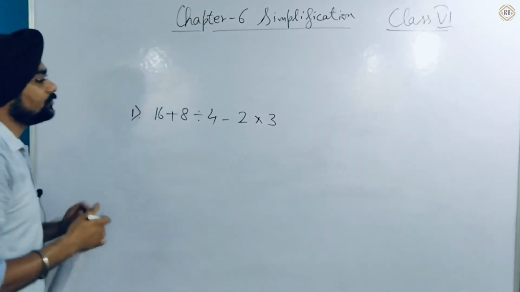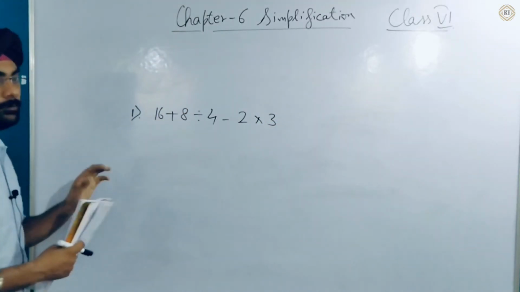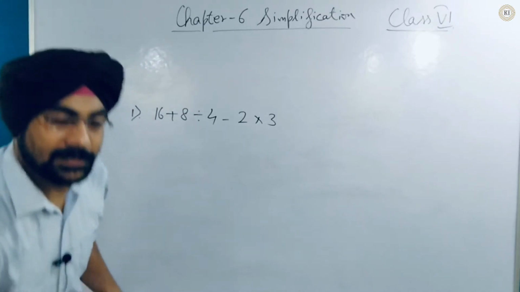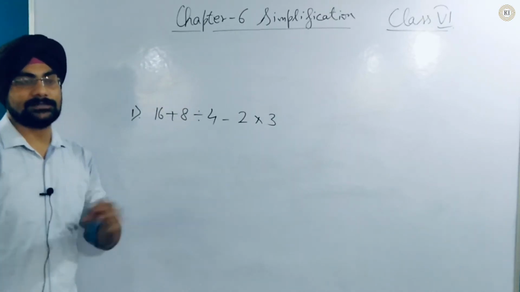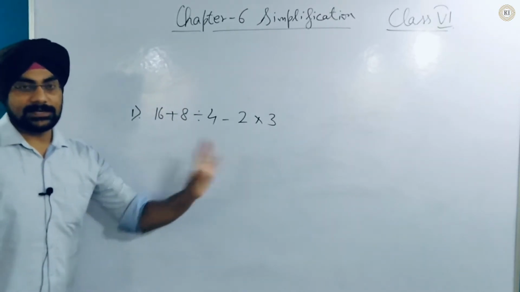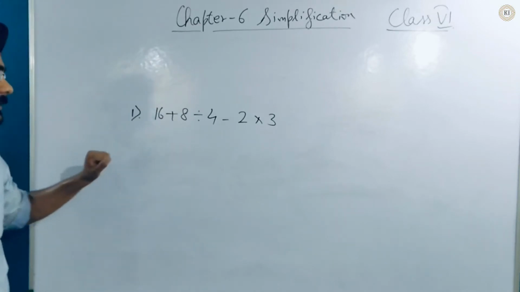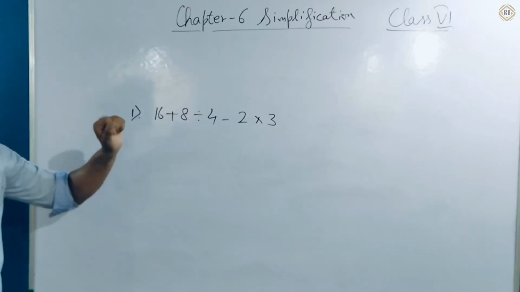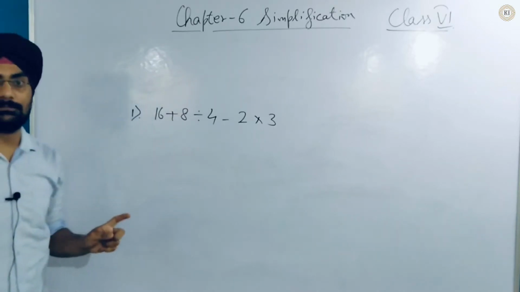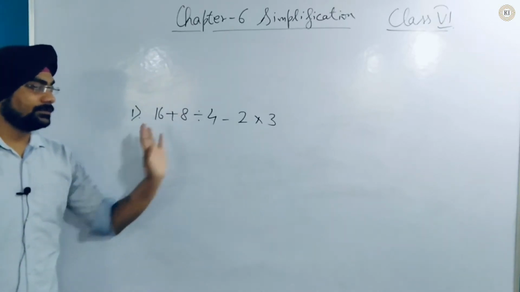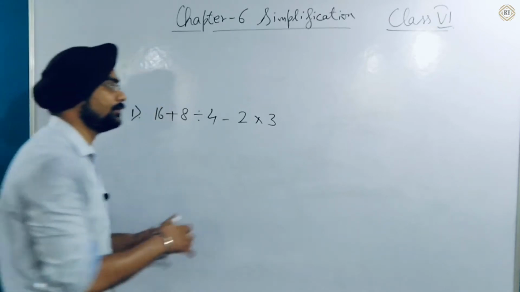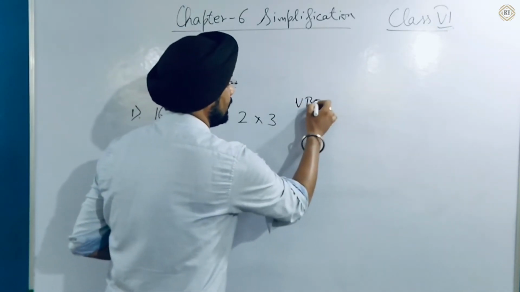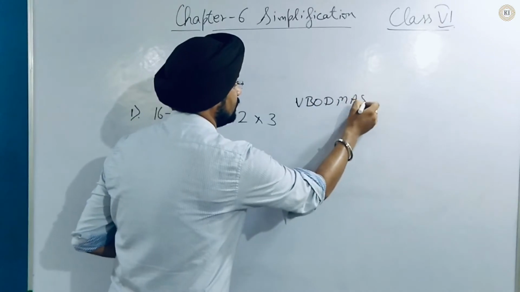Now in this question you will find that there are no brackets: neither curly brackets, nor bar brackets, nor small brackets, nor square brackets. So applying the rule of VBODMAS, V stands for Vinculum or bar. There is no bar, so we will skip this.